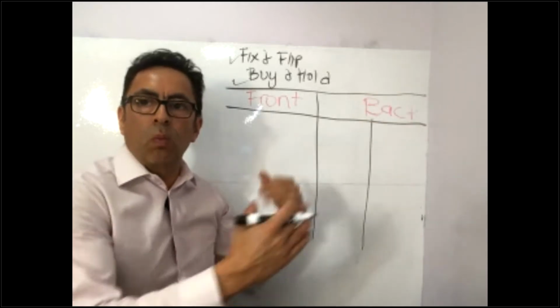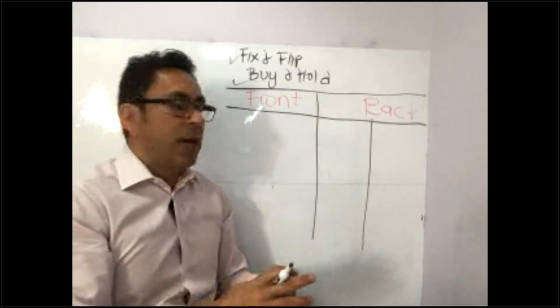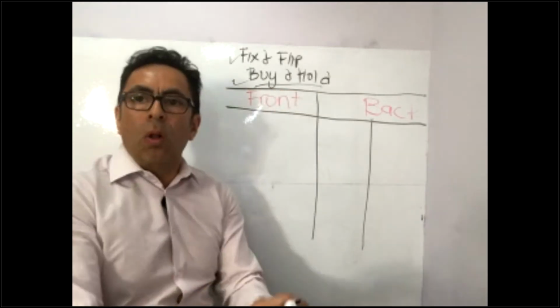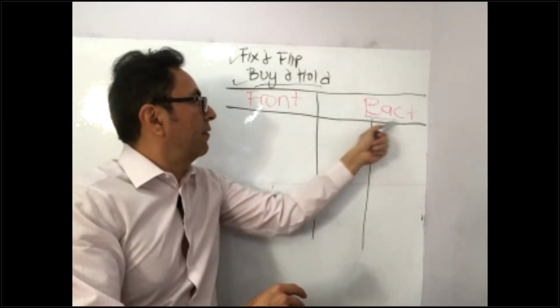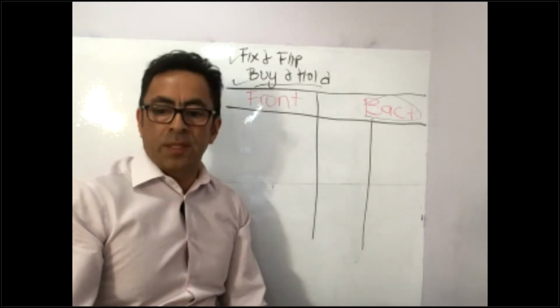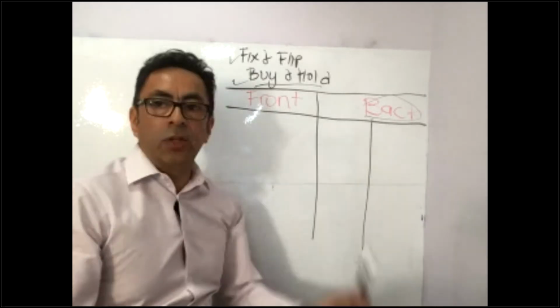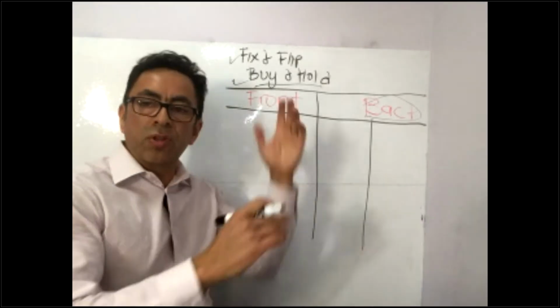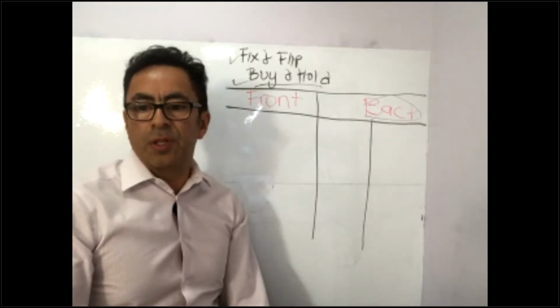But to begin with, we're going to talk about the different sources. And for the buy and hold, you will have to have back-end funding, or refinancing. So that's divided into two. We're going to cover the front end because that applies for both exit strategies.